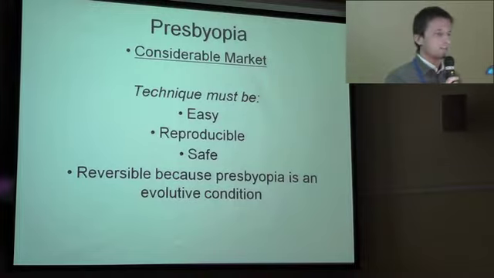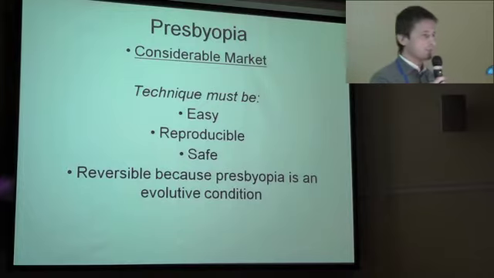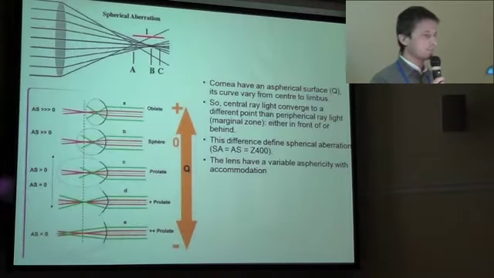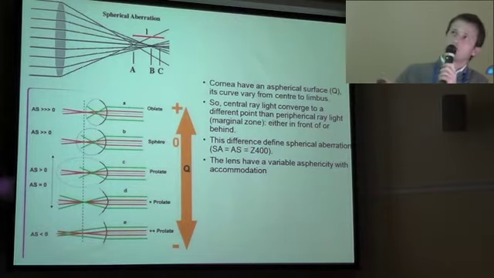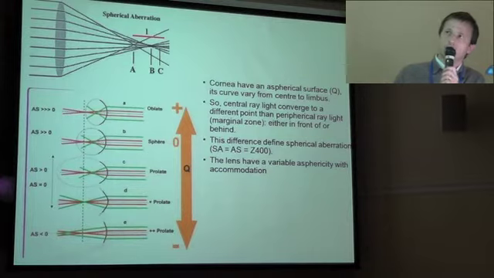You know that the cornea has an aspherical surface. Its curves vary from center to limbus. For a prolate shape, the central light rays converge in a point, and marginal light rays converge in another point.